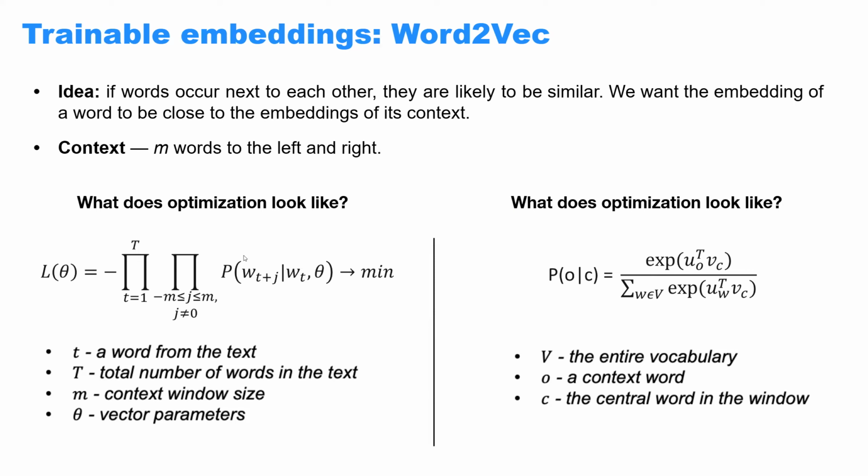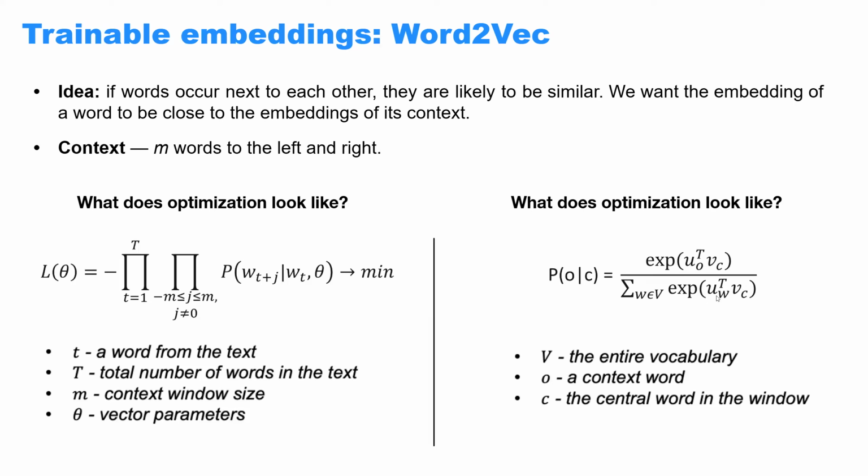The probability can be calculated with the softmax function. Here it is just a dot product of two vectors, the vector from context and the vector from the center.